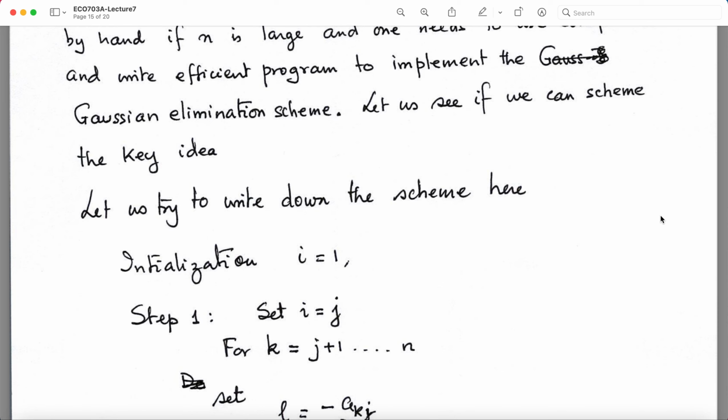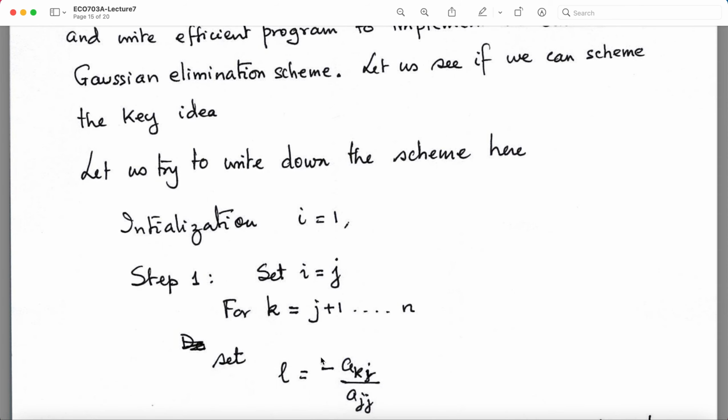Starting from k equal to 2 to n, that is a21, a31, an1, you have to eliminate all the column elements and make them 0. So what happens when I is equal to j, when I am in the jth column and jth row, I am in the jj position of the diagonal. So anything below, in the jth column, from j plus 1 till the nth position, all those elements have to be thrown away to 0.